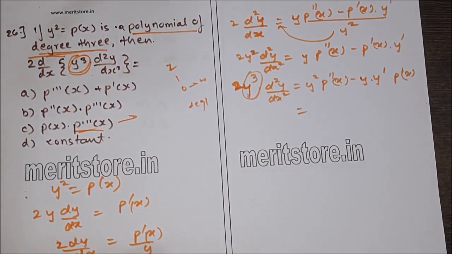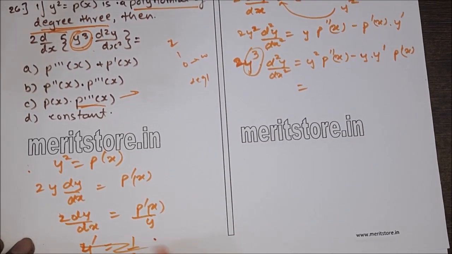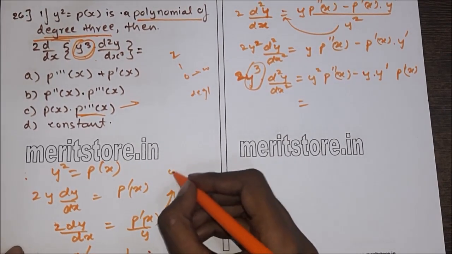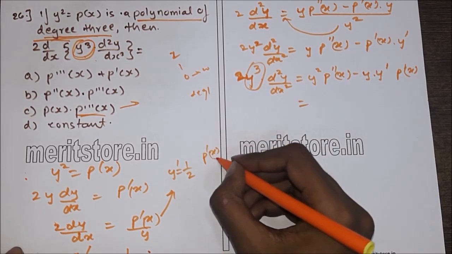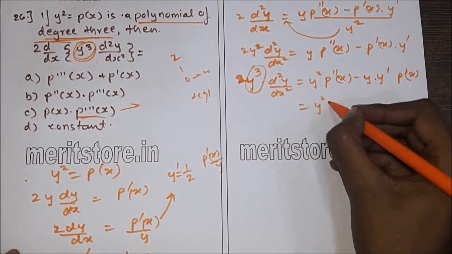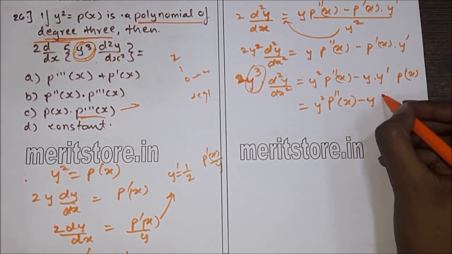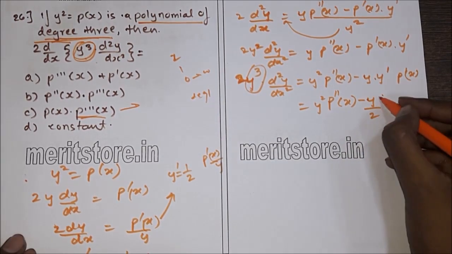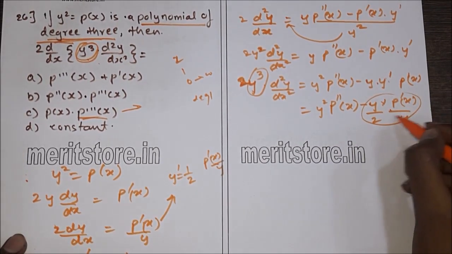But y dash is half of p dash of x upon y. So y square p double dash of x minus y by 2 into p dash of x upon y. This is y dash. So y gets cancelled.